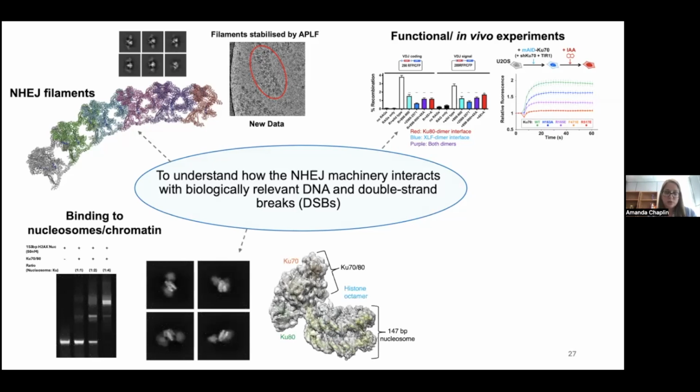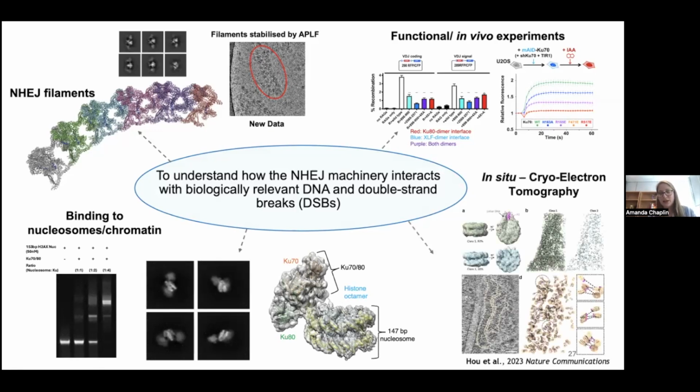And we also want to look at how the proteins access the double-strand breaks when they're packaged within nucleosomes and chromatin. And a PhD student of mine is just working on looking at these NHEJ proteins binding to nucleosomes. And we have some recent data showing that Ku can actually interact with the nucleosomes. So how does it access the double-strand break?